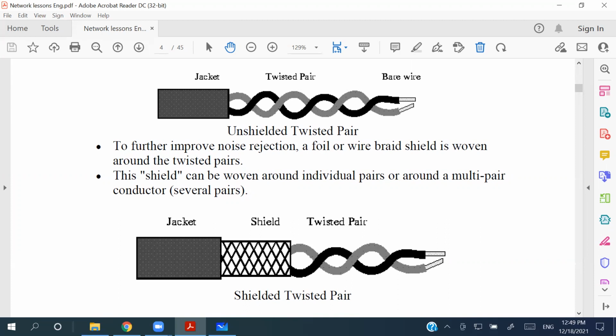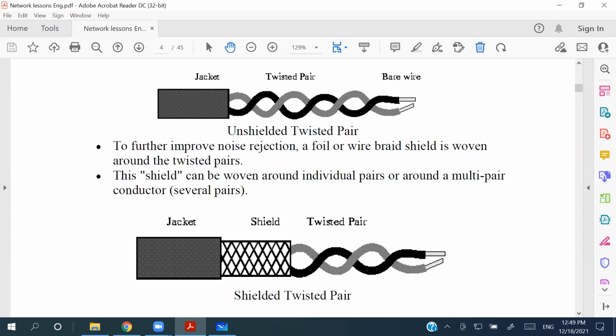In the shielded twisted pair, they have added a very tiny copper wire harness as a shield around each and every pair.